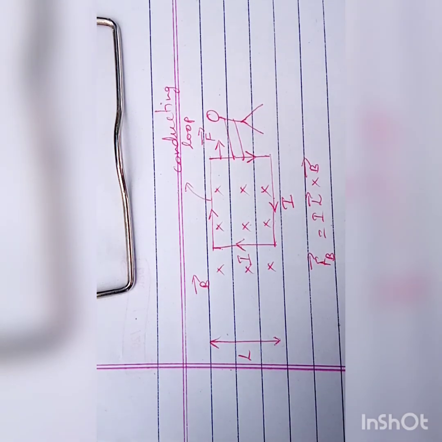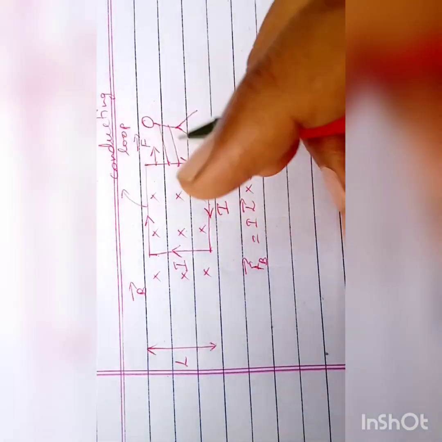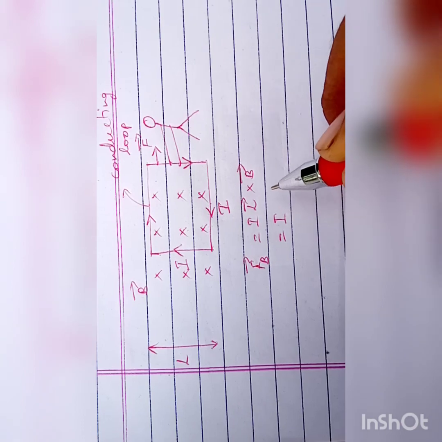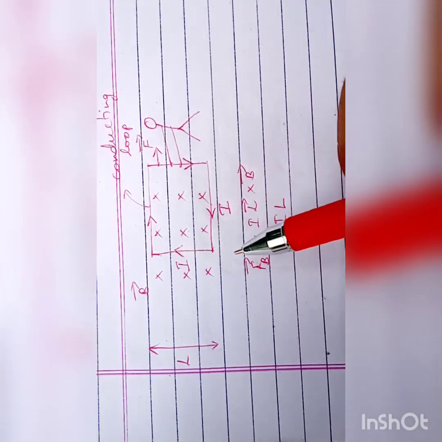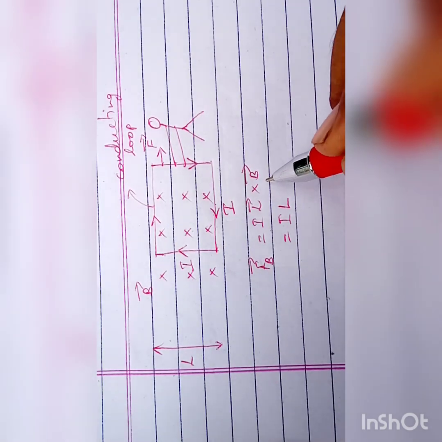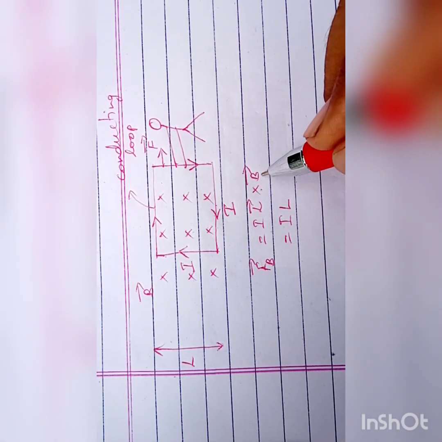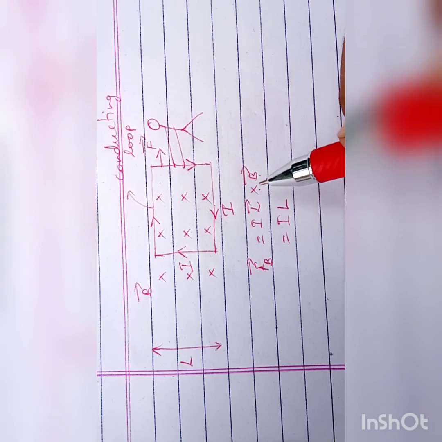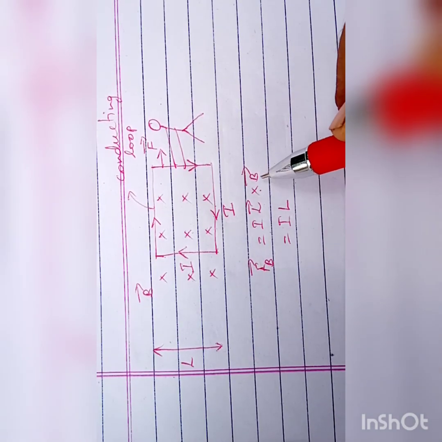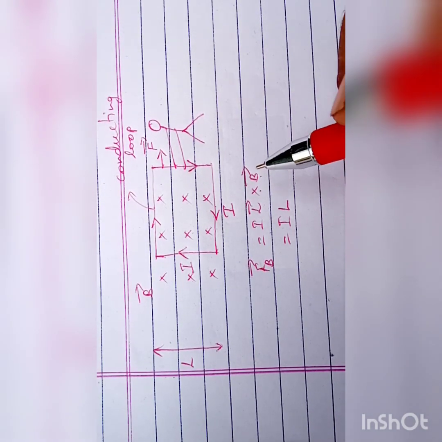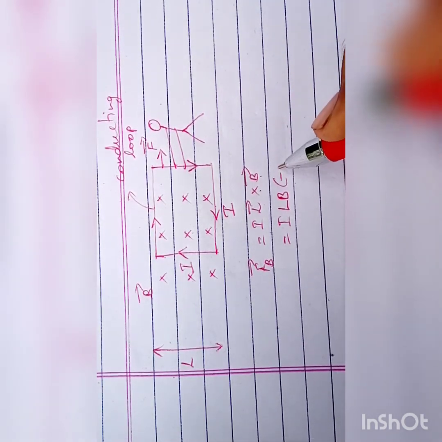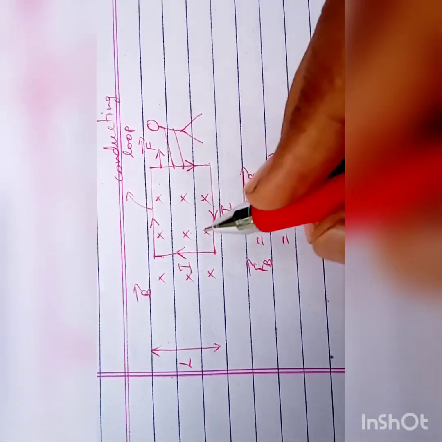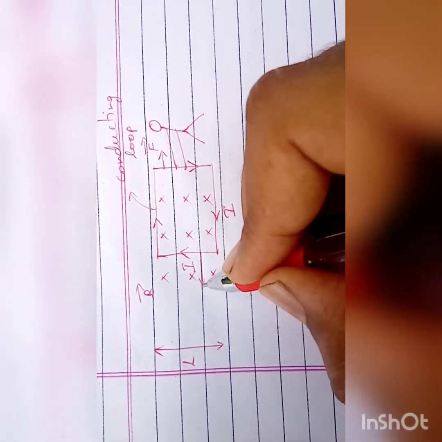Now I into L into direction of L vector is j cap cross B into minus k cap. So if you put j cap cross minus k cap, you will get minus i cap. So therefore magnetic force is ILB into minus i cap. So therefore magnetic force is towards left, FB.